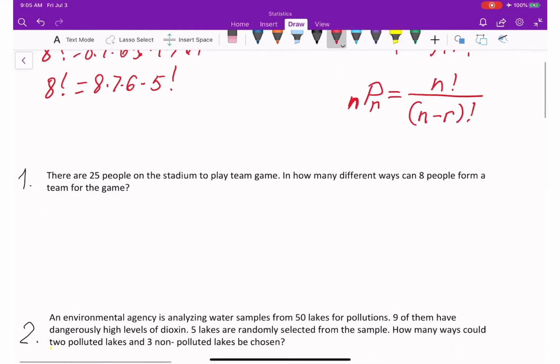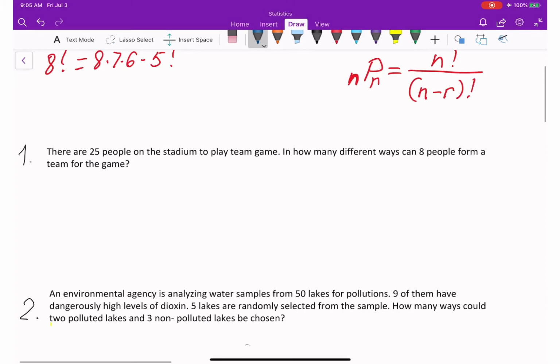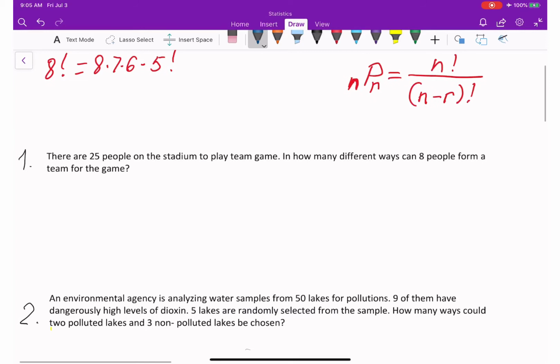All right, so let's solve the problem here. There are 25 people at the stadium to play a team game. In how many different ways can 8 people form a team for the game? So what do we have here? We have n equal to 25, and we have r, the selected people, is 8.